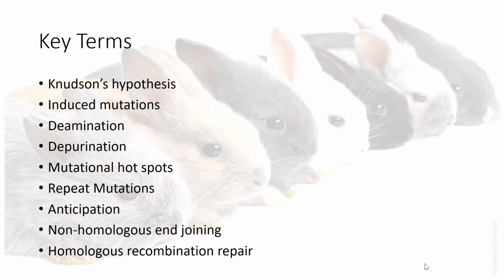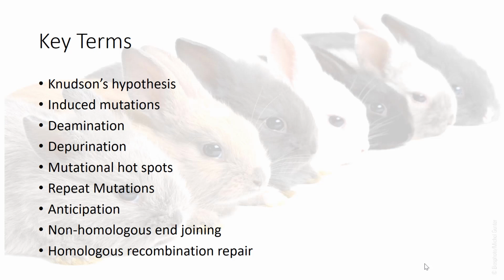There is machinery that recognizes those blunt ends and attaches them together. So non-homologous end joining can restore or fix those double-stranded breaks, but it can also lead to chromosomal mutations if the wrong fragment is attached to the wrong chromosomal blunt end.